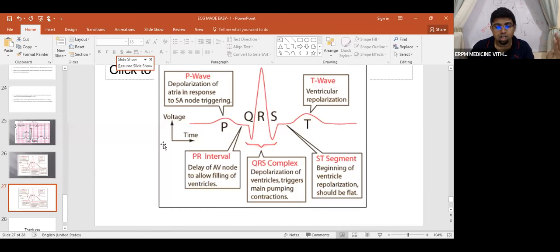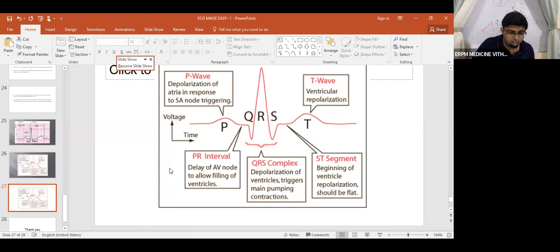Coming back to the normal state is repolarization. This is depolarized, that is repolarized. So what does this T wave indicate? This T wave denotes the ventricular repolarization.